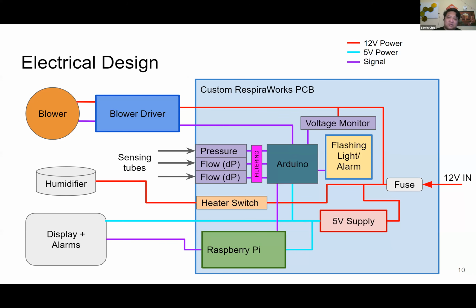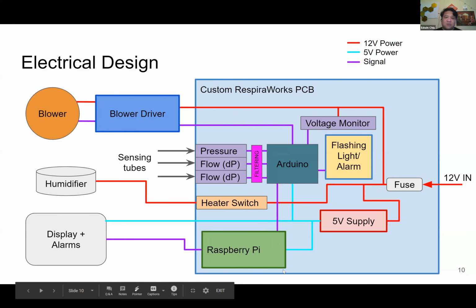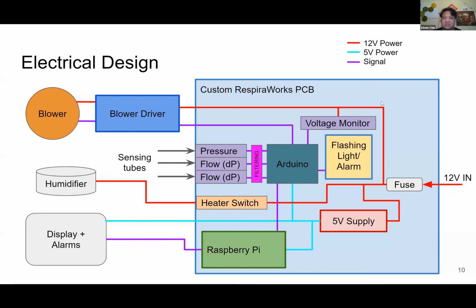So what we intend to have is, as much as possible, all the electronic components on one single board, and that includes sockets for the Arduino and the Raspberry Pi, so they can all plug onto the same board with the same ground plane, which helps deal with some of the interference issues.